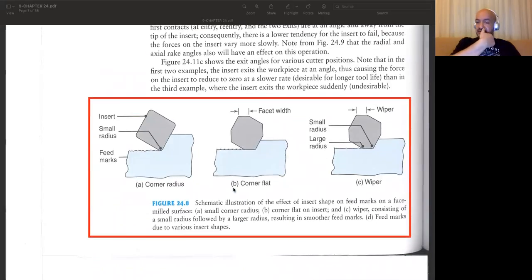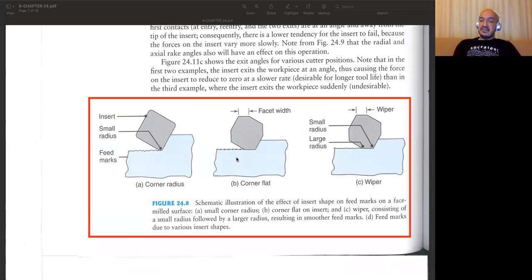Let me talk about these markings a little bit. The markings highly depend on the type of inserts, the type of cutting tools you are using. For instance, if you have such a radius at the corner of your insert, then you're going to have such marks. But if you have flat corners, then again you're going to have high surface roughness.